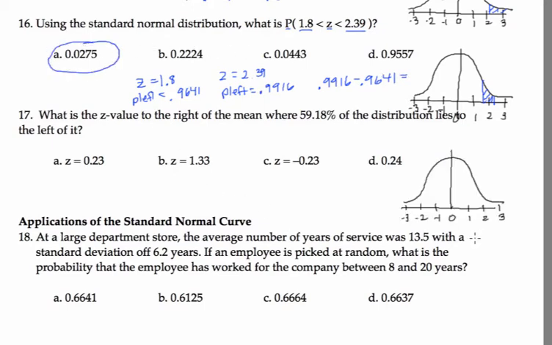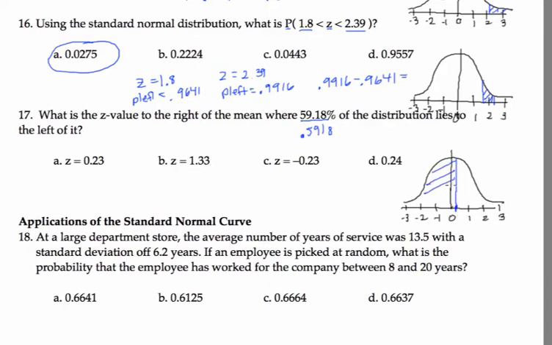What is the z-value to the right of the mean where 59.18% of the distribution lies to the left of it? So I have the percent, 59-ish percent. I'll change that to a decimal, 0.5918. And then I want to shade. I know that half of it is 50%, 0.5, so it's probably going to be a little more. I'm guessing that my z-score is going to be right about there.